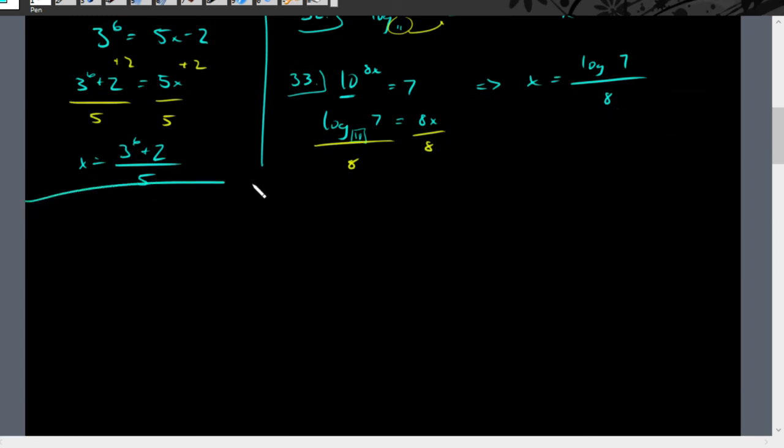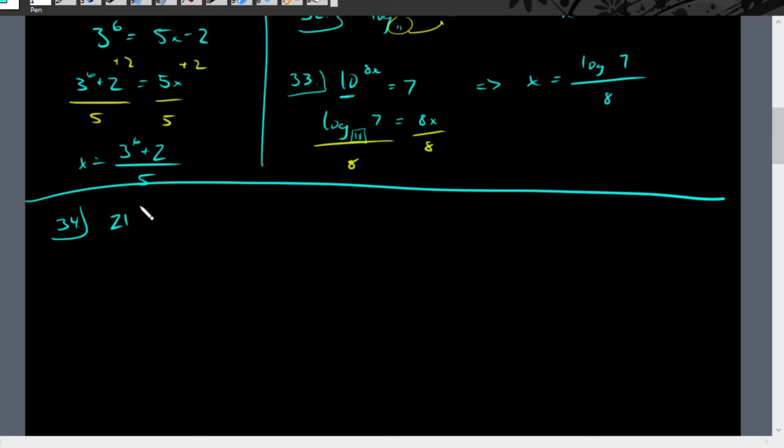All right, let's do number 34. Number 34 is 21 raised to the 8x plus 4 power equals 80. Now these have bigger numbers in them. This is a situation in which you don't want to try to start thinking through these logs.